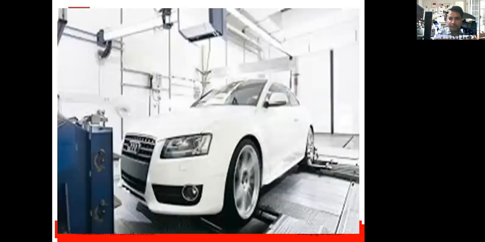As shown in this diagram, a car after driving thousands of kilometers needs a calibration for its proper working, proper maintenance. We should need a calibration.